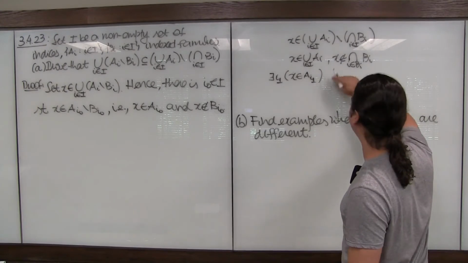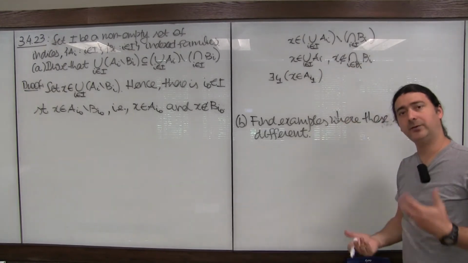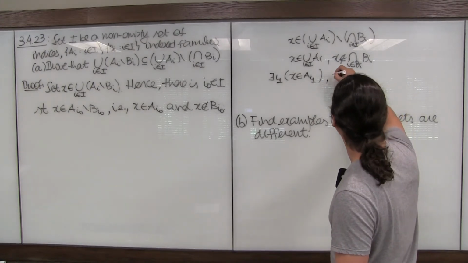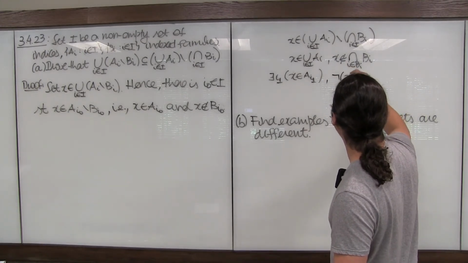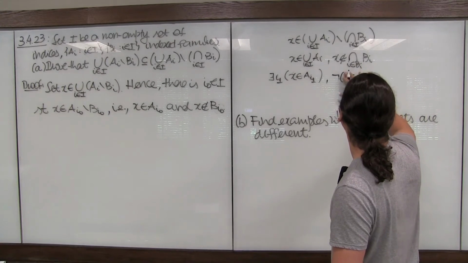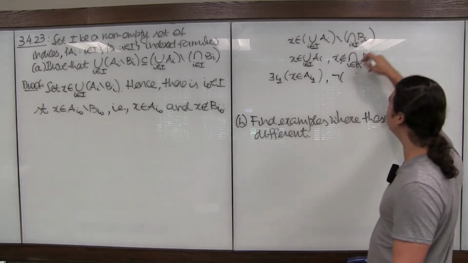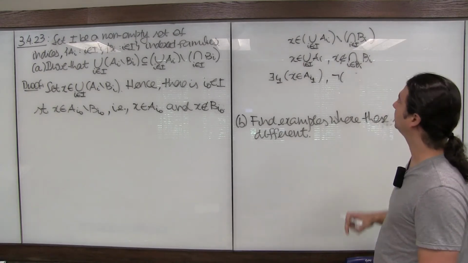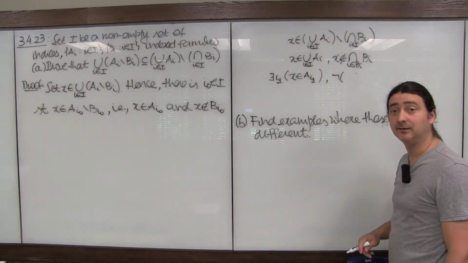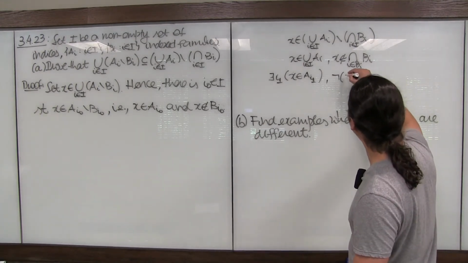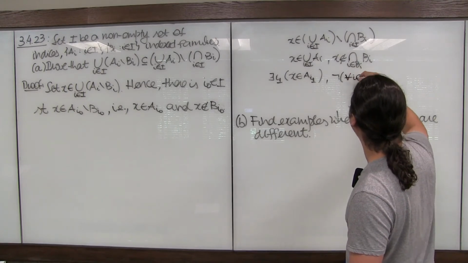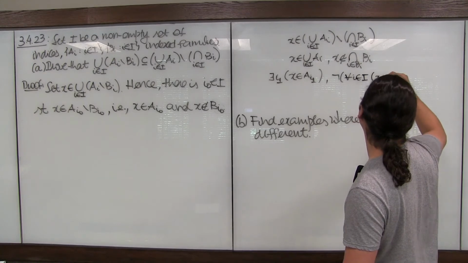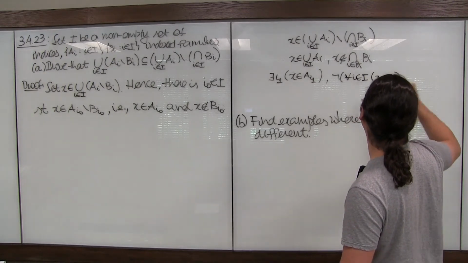Let me write it in two steps; if you're comfortable with these sort of things, you don't have to. Being in an intersection means that it is in every single one of the B sub i's. So for all little i in I, x belongs to B sub i.